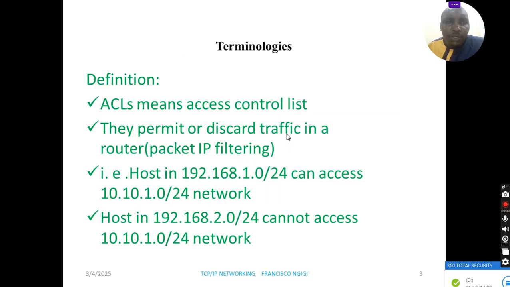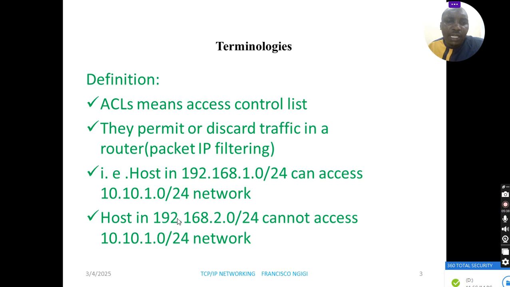Terminologies: ACL means access control list. They permit or discard traffic in a router, and that is what we call packet IP filtering. For example, if you have a host in 192.168.1.0, that is the network, it is allowed to access the 10.10.1.0 network.